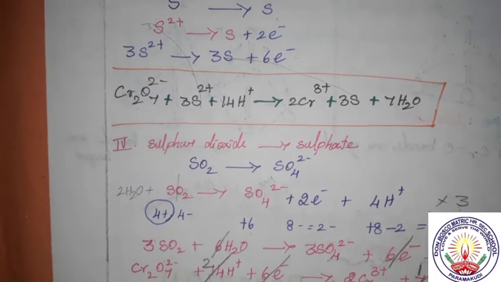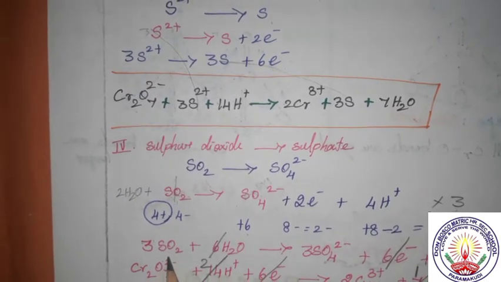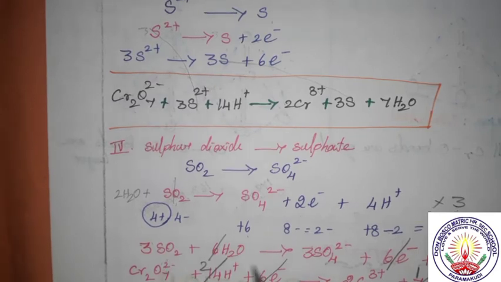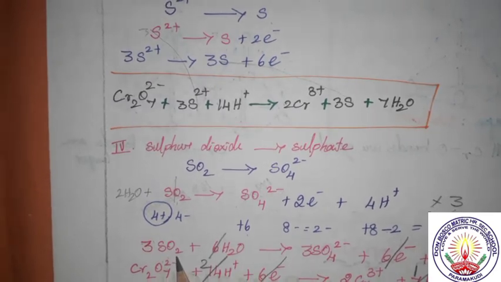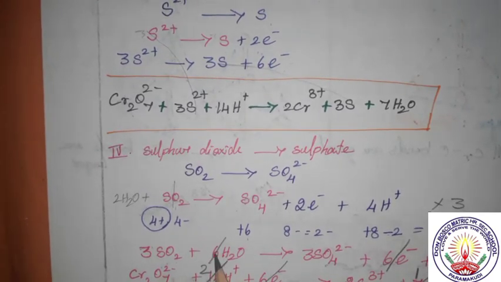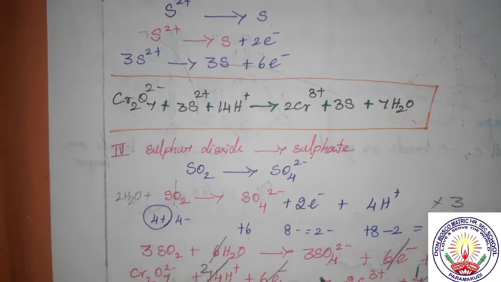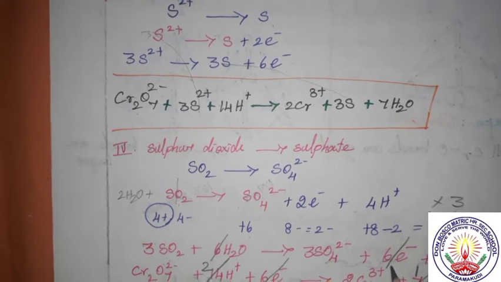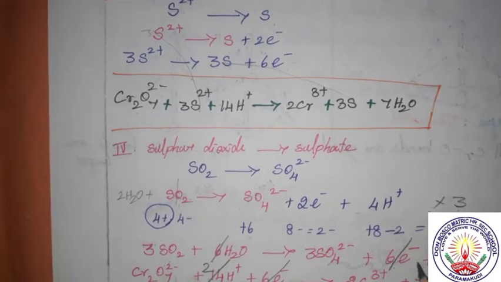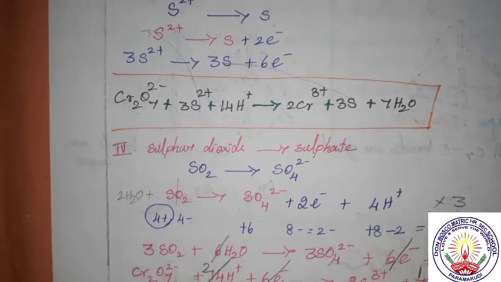So 3 SO2, we need to dissolve this with 6 molecules of water. Therefore we will get 6 electrons, and the hydrogen also will be 12, so 4 into 3, 12.